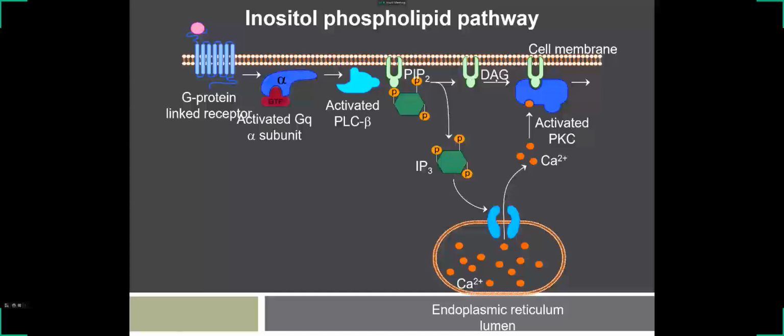And eventually diacylglycerol is another byproduct of that reaction. This leads to an increase in intracellular calcium and eventually an activated PKC complex. So Gq leads to IP3.